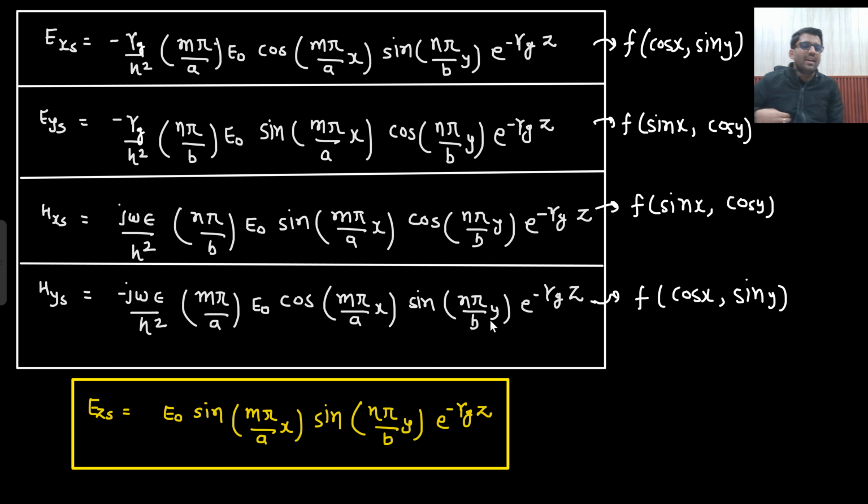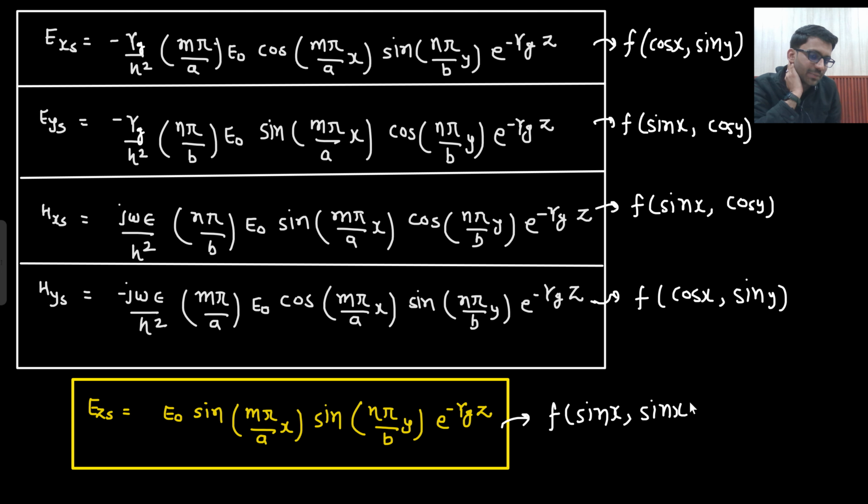Certainly there is m pi by a, n pi by b, and certainly these terms are also there, but something conclusive you can see here: none is sin sin, only cos sin or sin cos. Where do you get sin sin? Here you are getting sin sin.